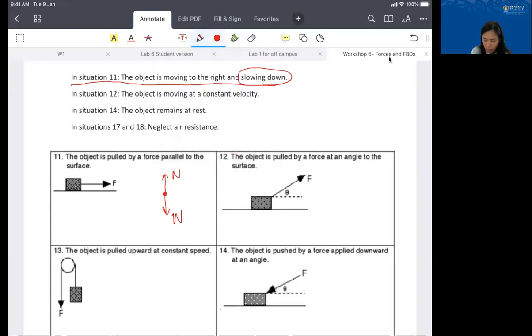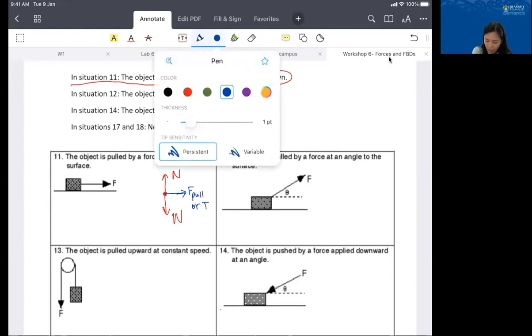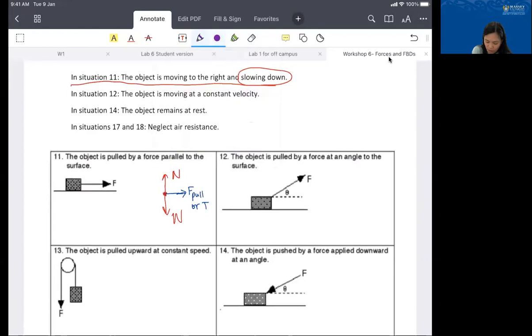It's slowing down. That means there's friction. So you still have this tension force. Let's say you're pulling it via a string, or you can just put F pull, or you can assume it's via string, in which case that's tension force. And since it's slowing down, you need to have a frictional force in the opposite direction.